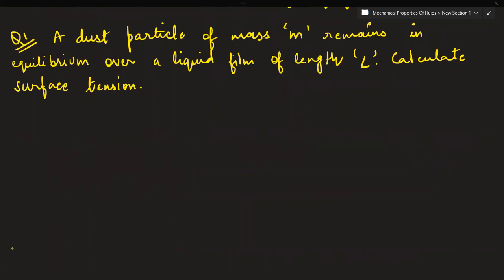The question says that a dust particle of mass m remains in equilibrium over a liquid film of length L. You have to find the surface tension.